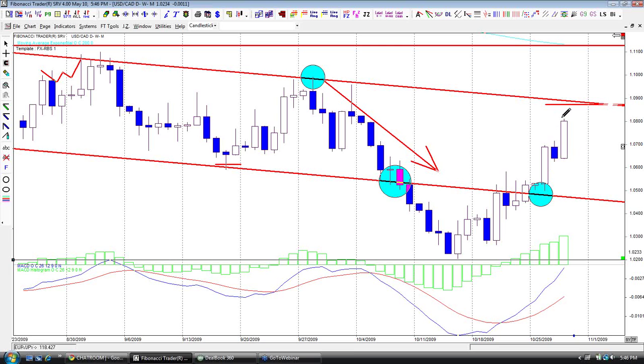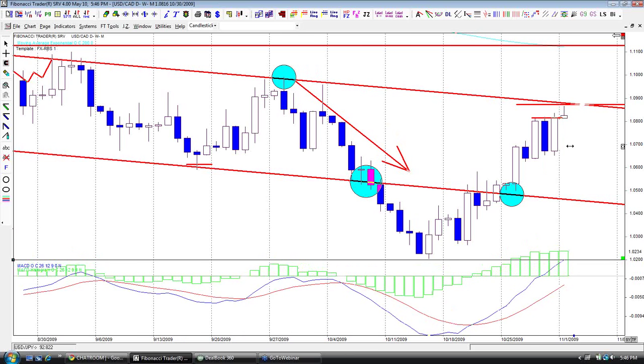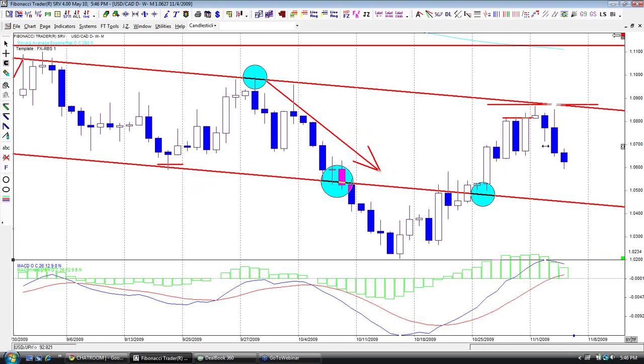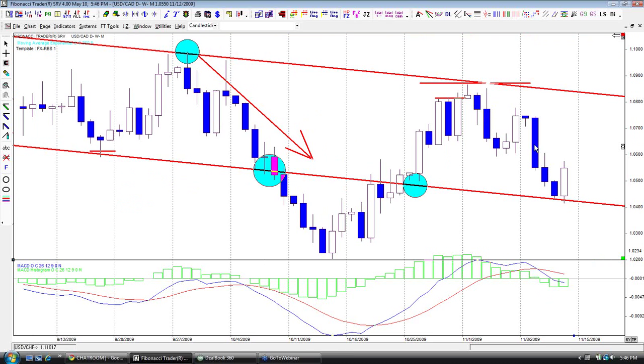Again, price is getting close to the top side. I go to a smaller time frame and I'll start looking for bearish butterflies. Bearish butterflies, head and shoulder patterns, bearish crab. Again, price comes, hits the top side, reverses to the bottom side.